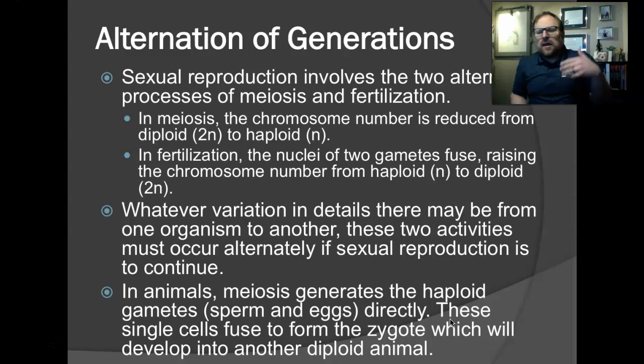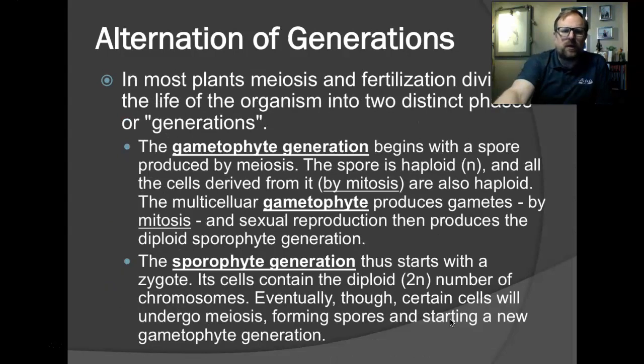In animals, meiosis generates the haploid gametes directly. And these single cells fuse to form the zygote, which develops into another diploid animal. So we go from diploid to haploid gametes, back to a new individual that's diploid, to haploid gametes, back to a new individual that's diploid. And we go around and around.